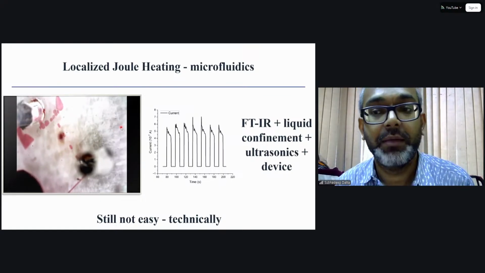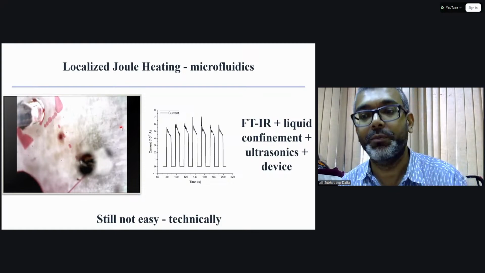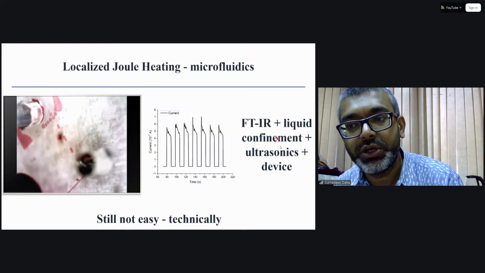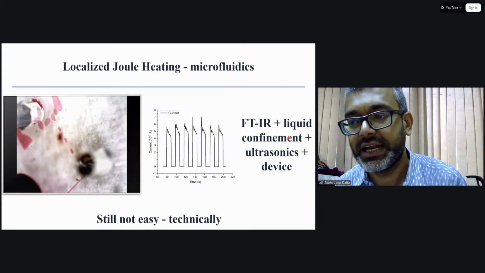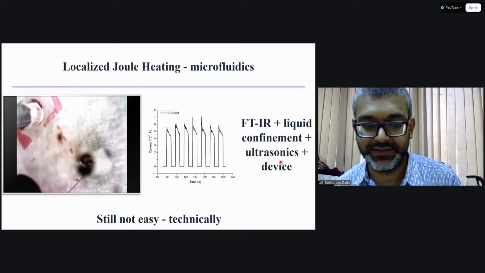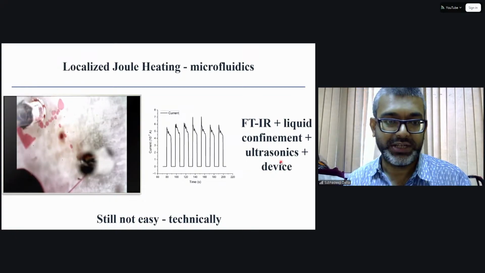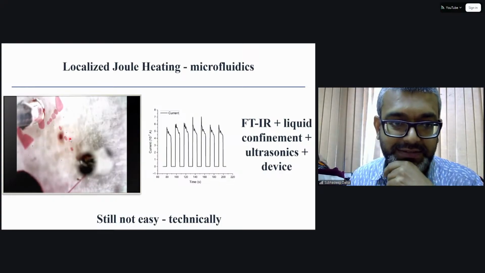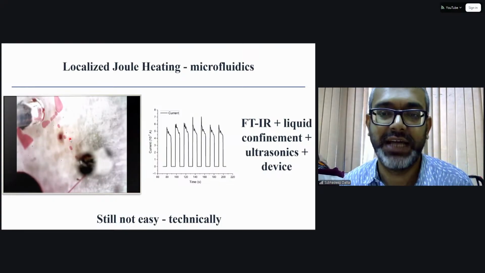It's not easy, because decomposition should be probed. So you need some sort of an FTIR probe. You need some liquid confinement, microelectronic circuits, ultrasound, and device. We are trying this. This is also a homemade microfluidic device, which is placed on a circuit.